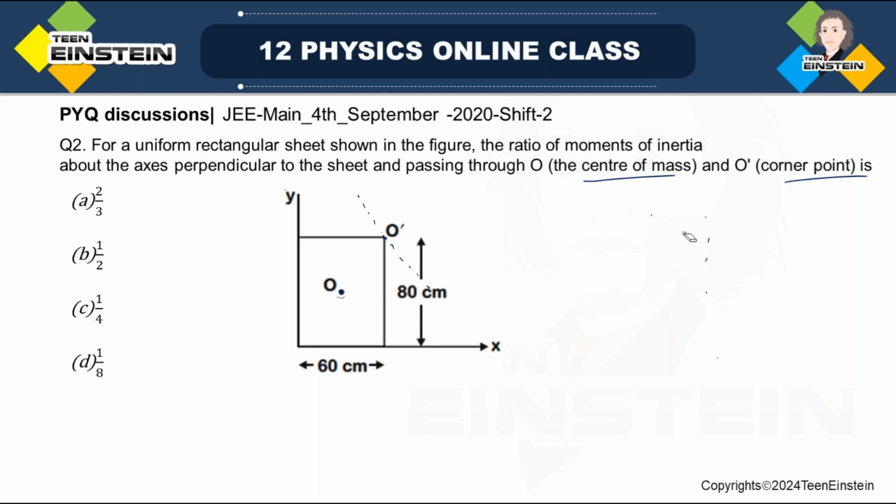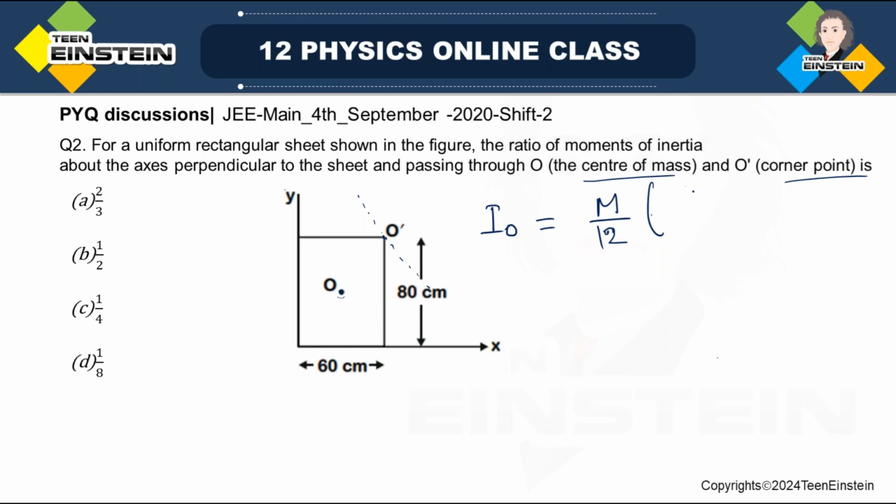So here, better to remember the formulae for finding out the moment of inertia for each symmetrical object. In this kind of case, this is a sheet, right? So you can find out the moment of inertia about x-axis and y-axis, doesn't matter. But better to remember the formula that moment of inertia about an axis passing through the center of mass of this rectangular sheet is obtained as m by 12 into (a square plus b square).